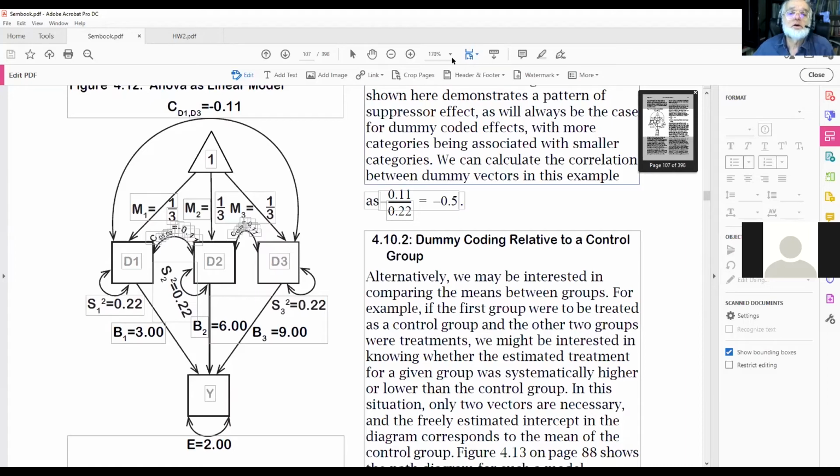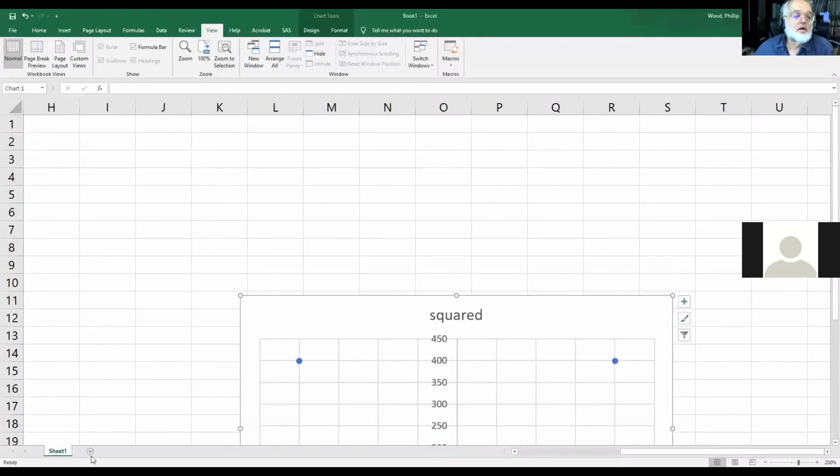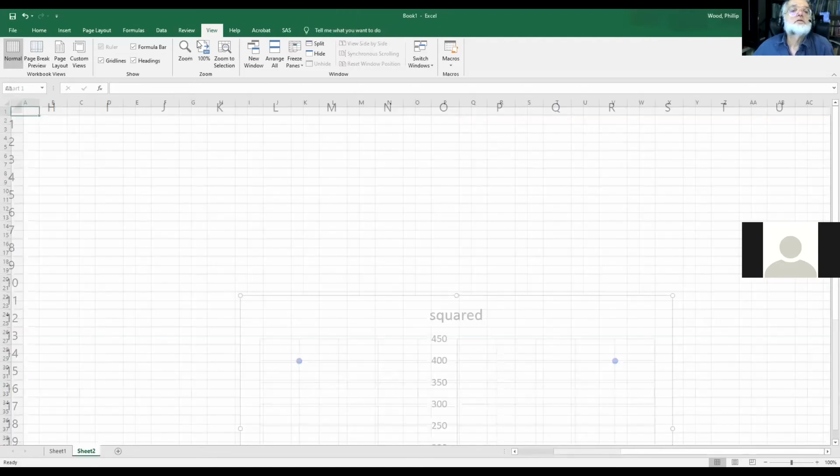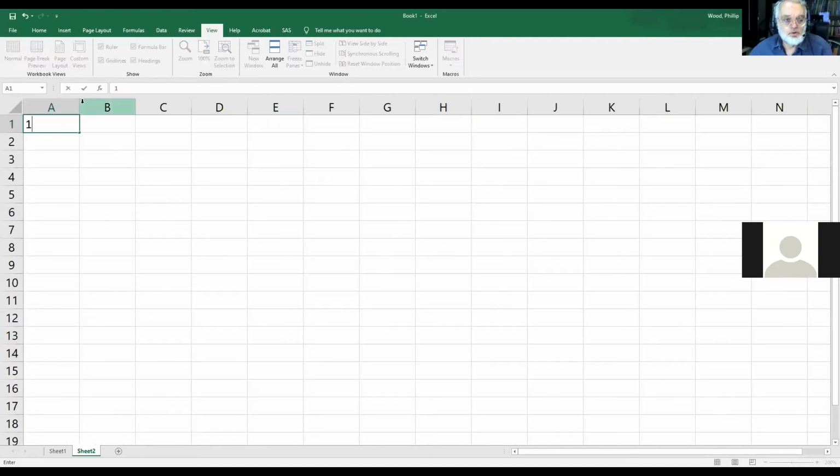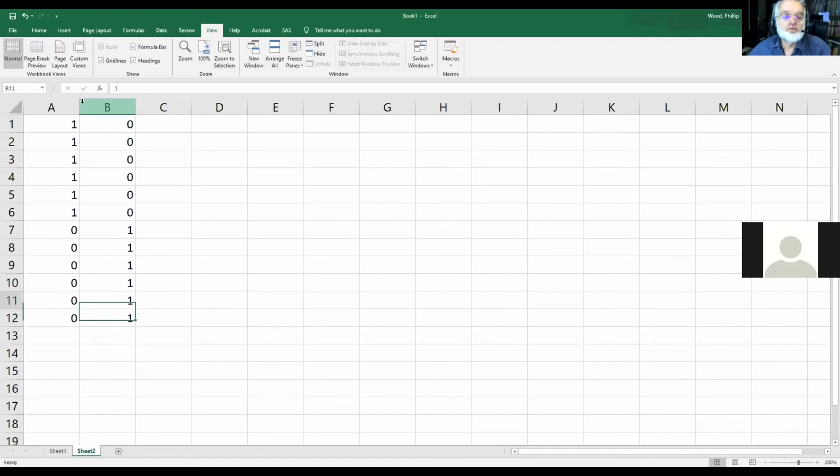Maybe it's helpful to come back and return to our old buddy Excel. So if, for example, I have two predictor variables that look like this, well, what happens when I generate a scatter plot of those?